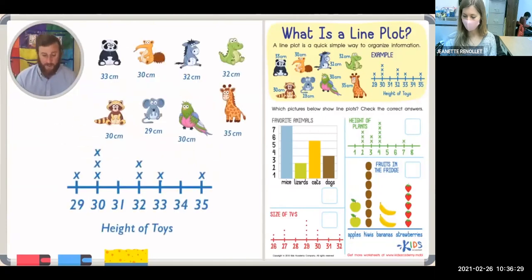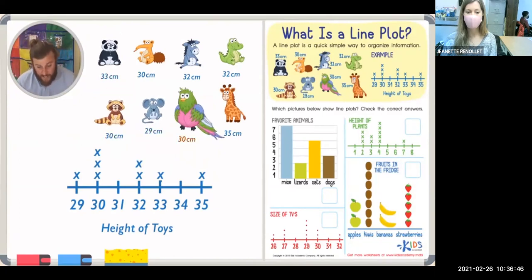So, in our example, we have some animals. We also see the heights of each of the animals. Now, I'm guessing these are stuffed animals because the heights are kind of small. So I see one animal, the panda is 33 centimeters, and other animals are 30, 29. I see another animal that's 30.